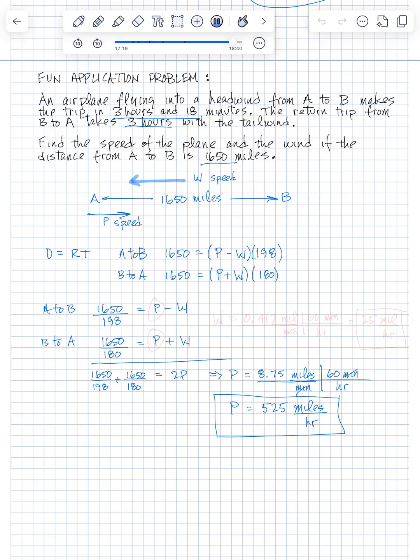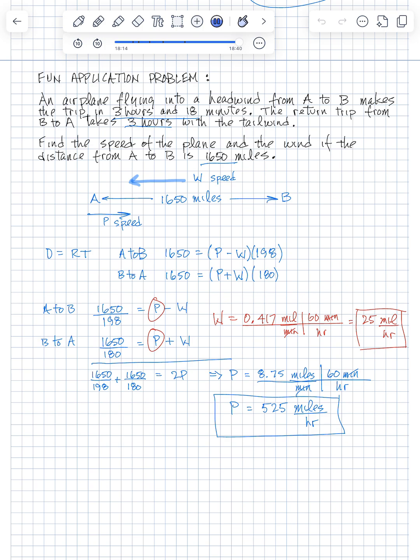Well, we can just substitute P into either equation, either here or here, doesn't matter. Substitute that in, and we get the wind is equal to 0.417 miles per minute. And again, multiply that by 60 minutes per hour. Minutes cancel, and we get 25 miles per hour. And that is the wind speed.